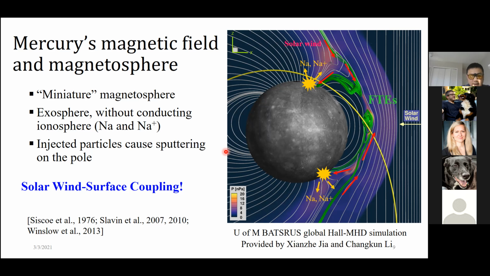The most abundant heavy species in the exosphere is sodium, neutral sodium and sodium ions.